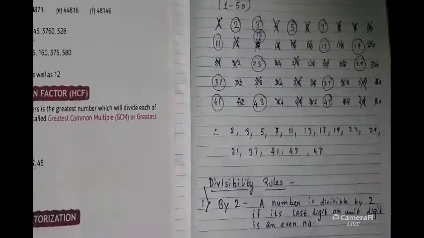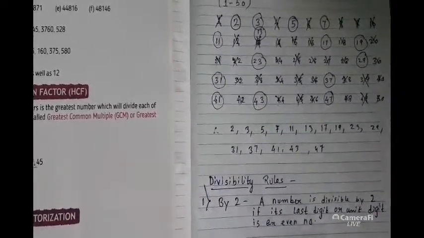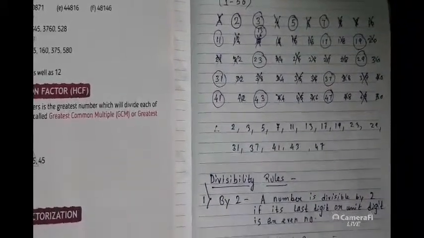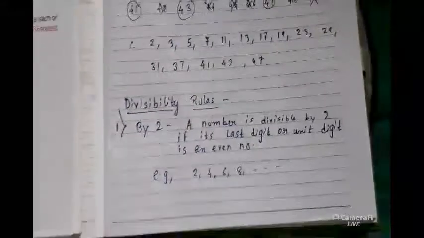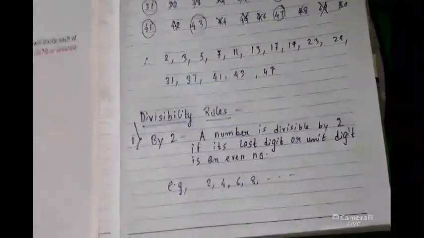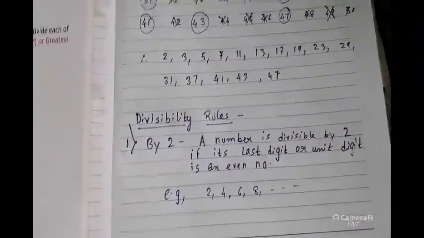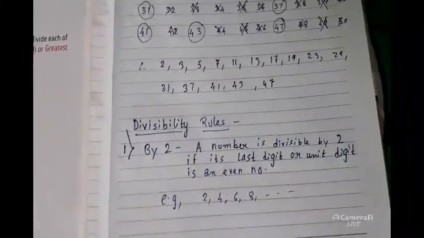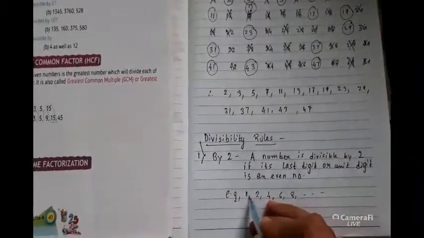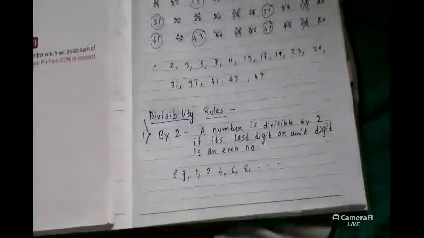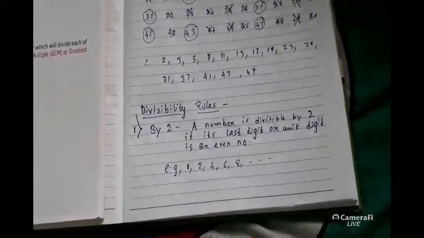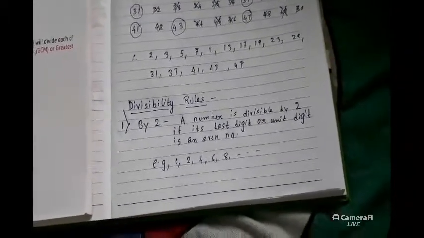For example, 2, 4, 6, 8, and also 0. So the last digit will be either 2, 4, 6, or 8, and also 0. If the number ends with any of these 5 digits, then the number is divisible by 2.